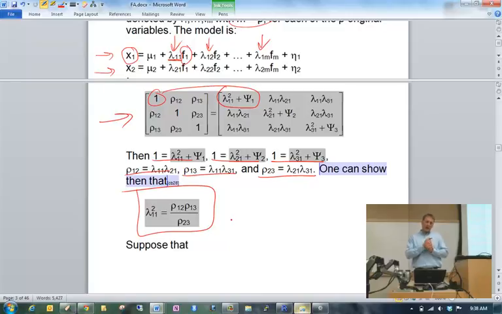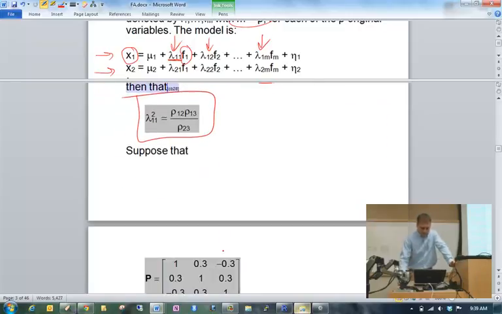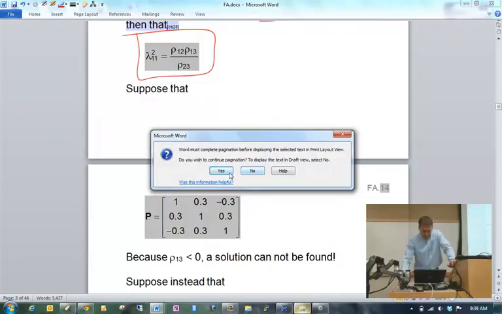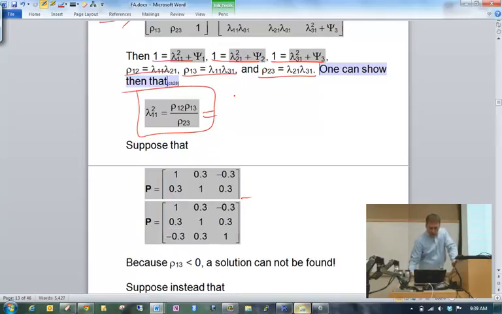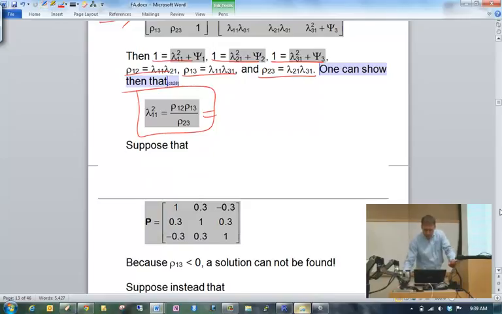You can go through some algebra to do that. Now here's where some problems can still occur. Suppose I have this as my correlation matrix. This seems like a reasonable correlation matrix that one could have. So if I set this equal, then I have 0.3 times a negative 0.3 all over 0.3.